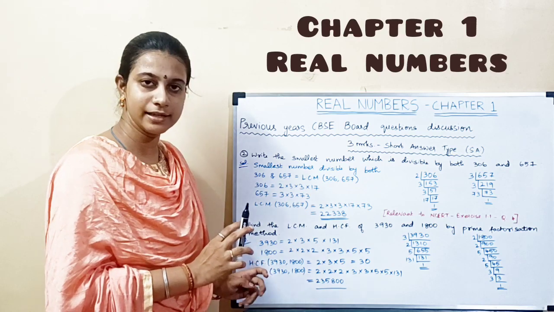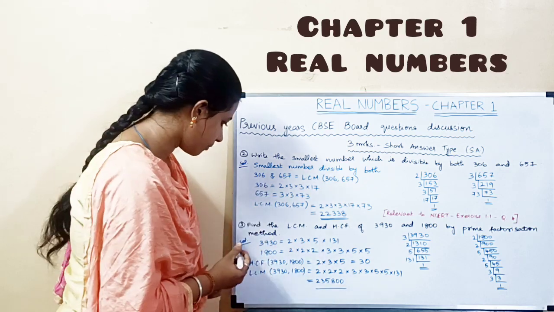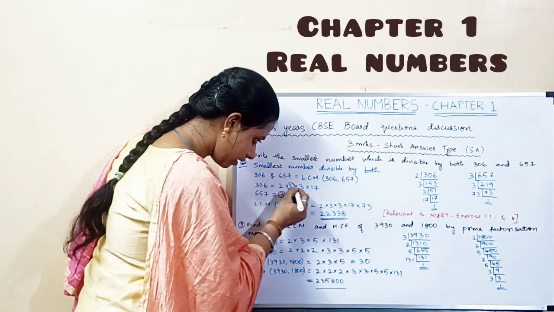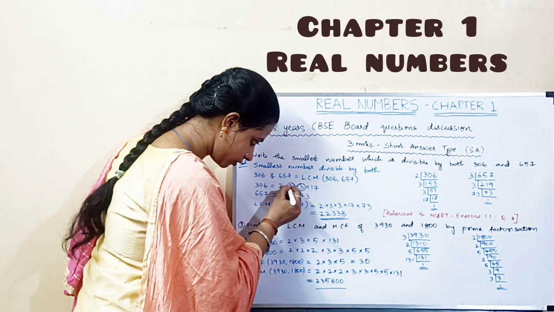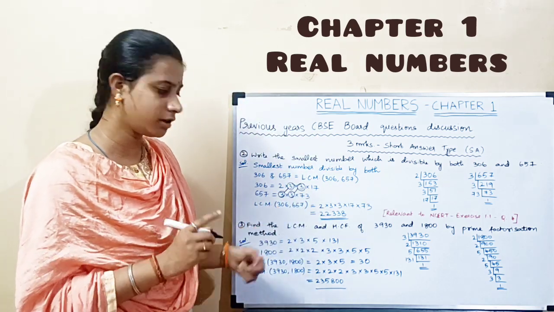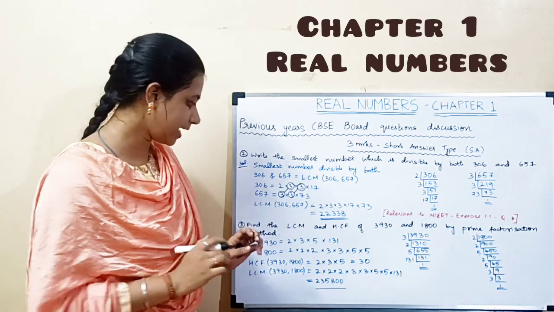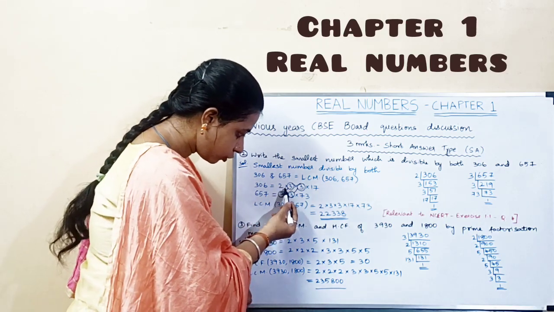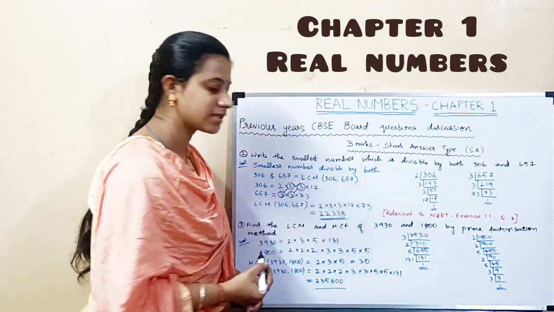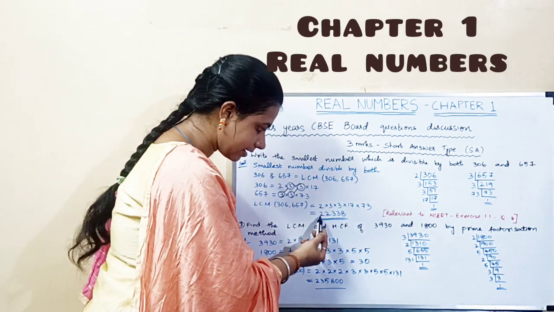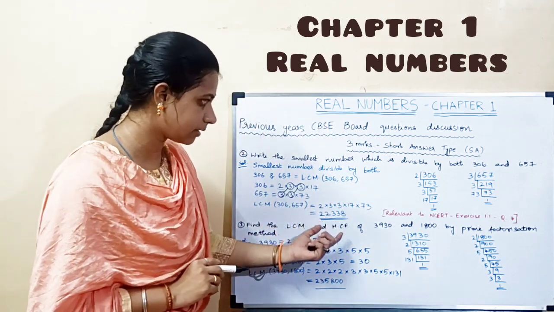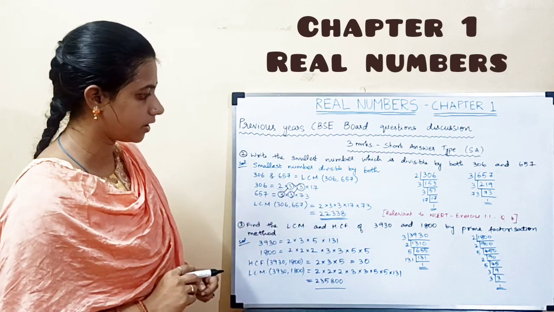Now for finding the LCM, let's find the common factors among the 2. 2 is not common here, 3 is common in both of them, another 3 is also common. So the factors which are common in both of them, we will take only once, and all other factors as they are. So for LCM we will take 2 into 3 into 3 into 17 into 73, and we will get the answer 22,338, which is the smallest number which is divisible by both of the given numbers.